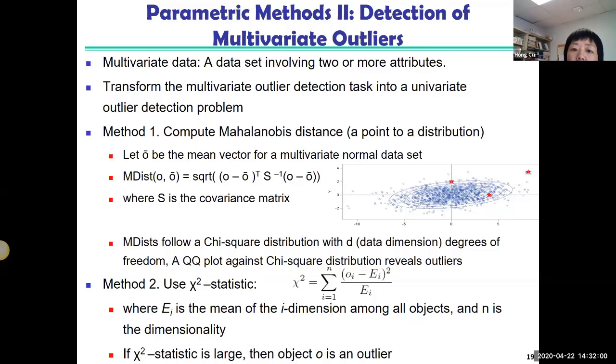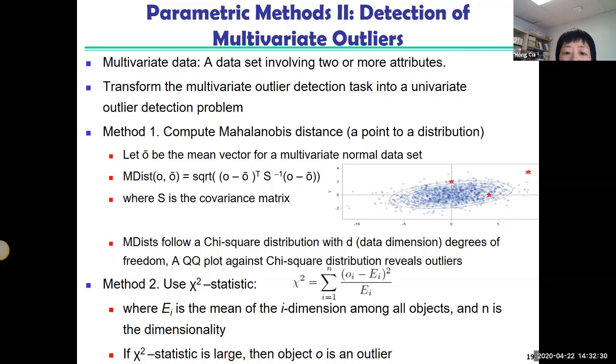Then we talked about two statistical methods to detect outliers in univariate data. What about multivariate data? There is also a way to do that. The general idea is to transform the multivariate outlier detection task into a univariate outlier detection problem. Now we have n-dimensional data.